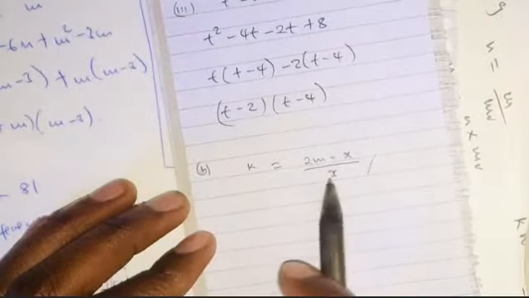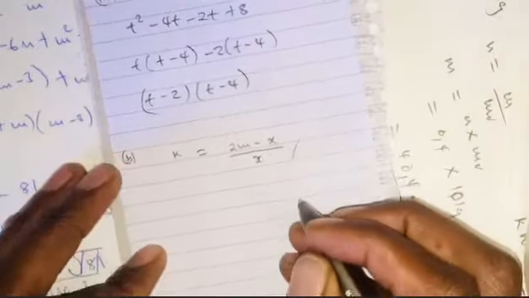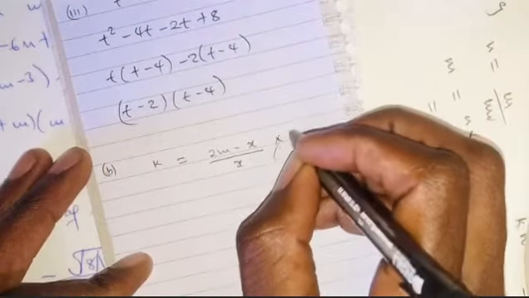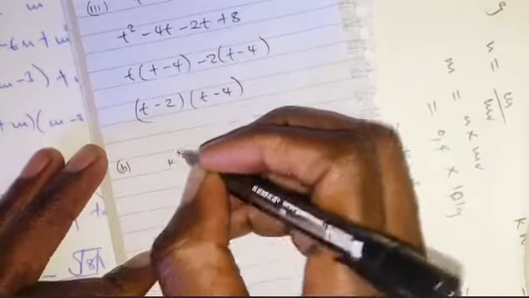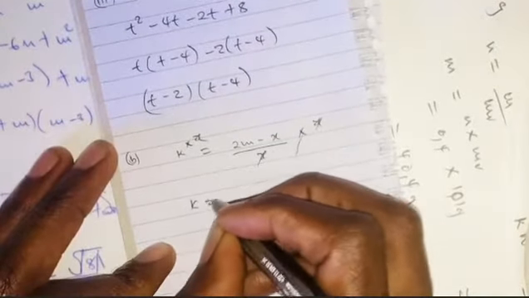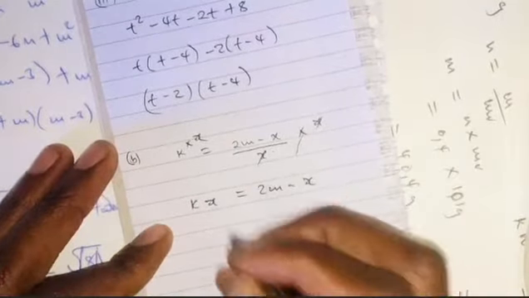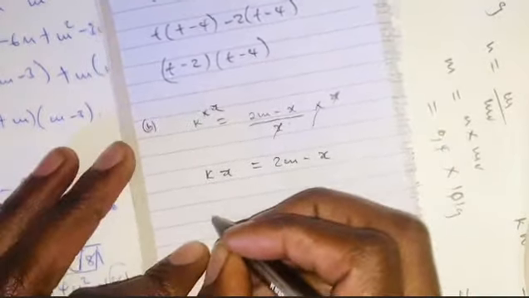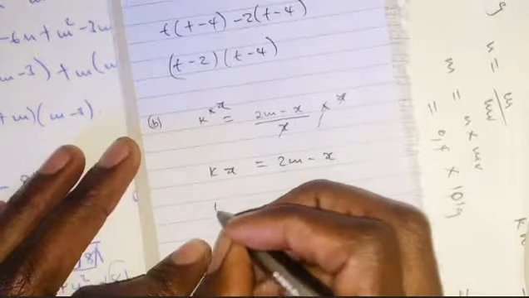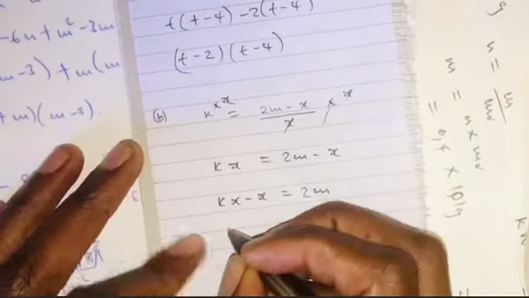Okay, then of course we come on this one. It says make x subject of formula, so we are multiplying both sides by x first. Multiply both sides by x, then it cancels out here, then it becomes kx equals 2m minus x. Then terms in x one side, so it will be kx plus x is equal to 2m.